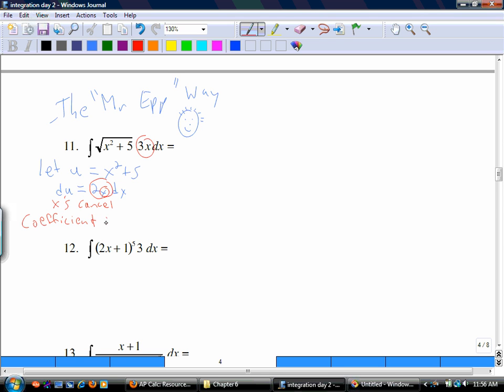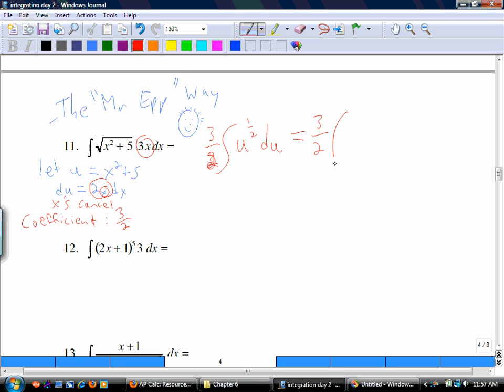And what is the coefficient going to be outside the integral? Right, 3 over 2. So just make sure that you understand that that's dividing by 2 and the 3 gets pulled out. So this ends up being 3 over 2 times the integral of u to the 1/2 du. So you guys understand how things cancel. I'm not going to replace it with a dx anymore. I'm going to do it the fast way, right?